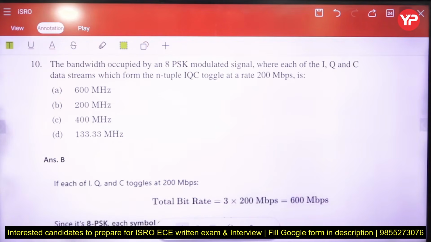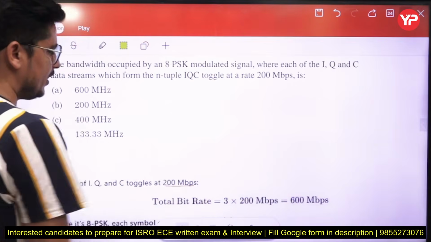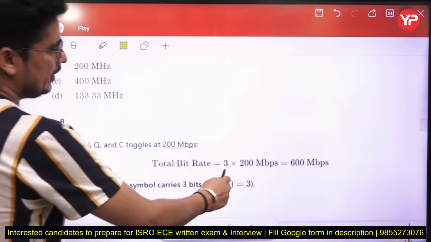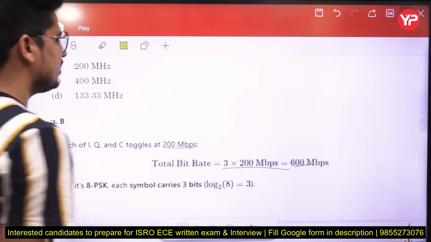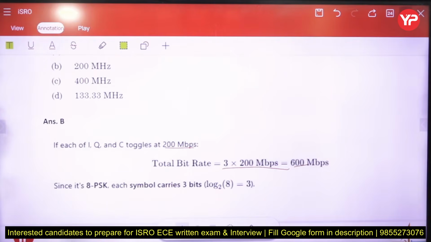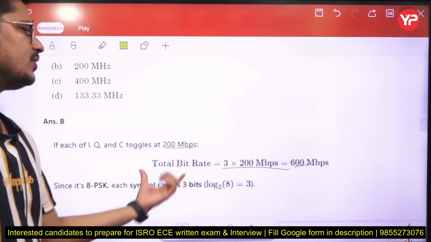Bandwidth occupied by an 8 PSK modulated signal, when each of the I, Q and C data streams toggles at a rate of 200 Mbps. So the IQ toggle rate is 200 Mbps. The total rate will become 3 times 200 Mbps, means 600 Mbps, and 8 PSK has 3 bits for each symbol.